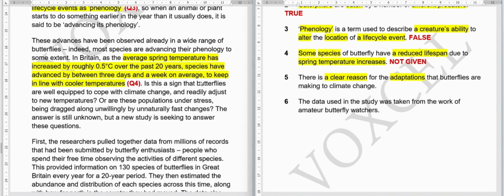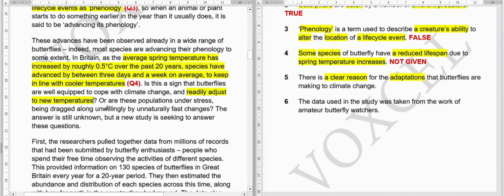Is this a sign that butterflies are well equipped to cope with climate change and readily adjust to new temperatures? So, here's something about adjusting to new temperatures. Or are these populations under stress, being dragged along unwillingly by unnaturally fast changes?